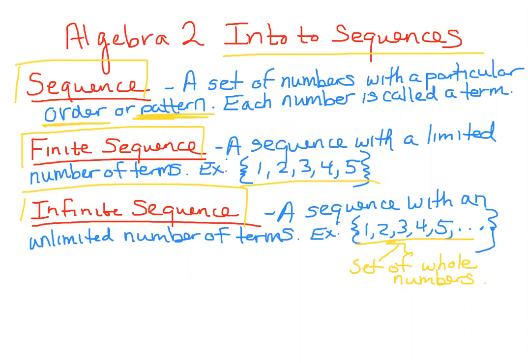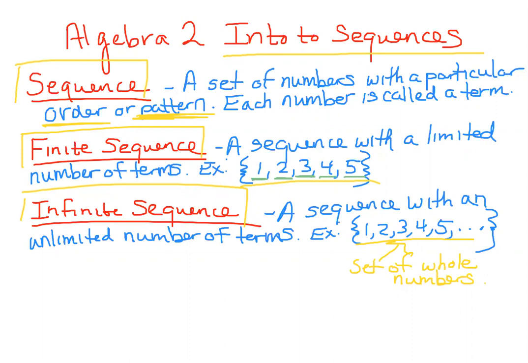So let's see. The next thing here is term notation. So you have to know that each number is a term: the first term, the second term, the third term, the fourth term, the fifth term. In this case, the term and the term value are the same number. So this is the notation that we use.